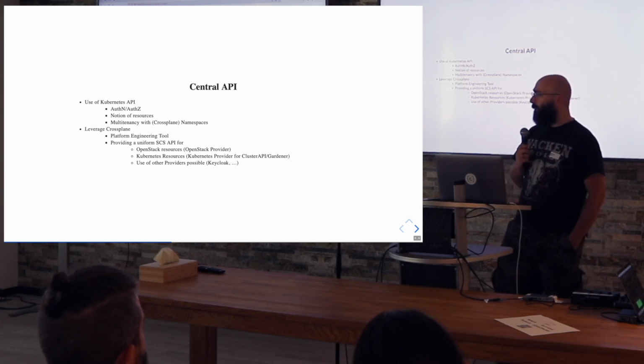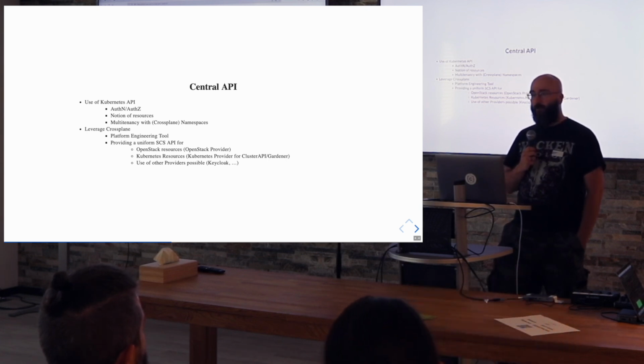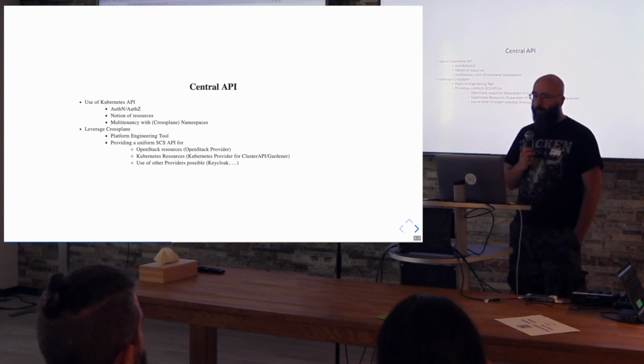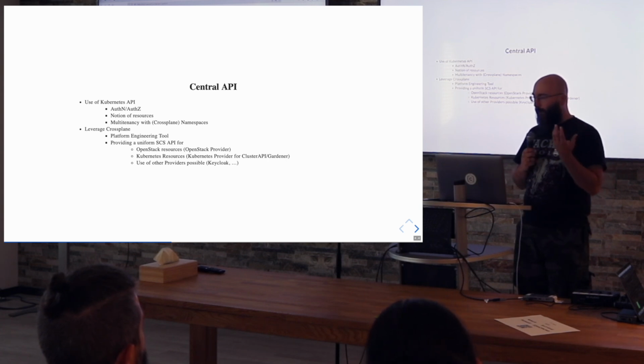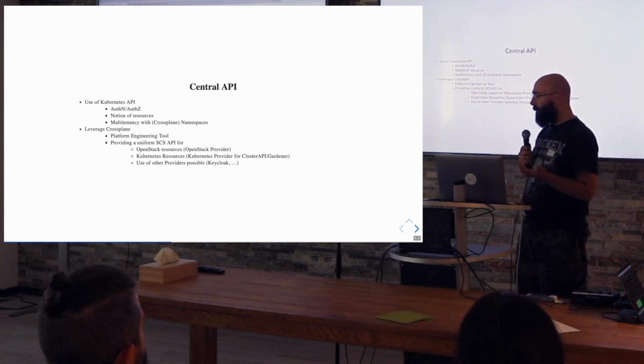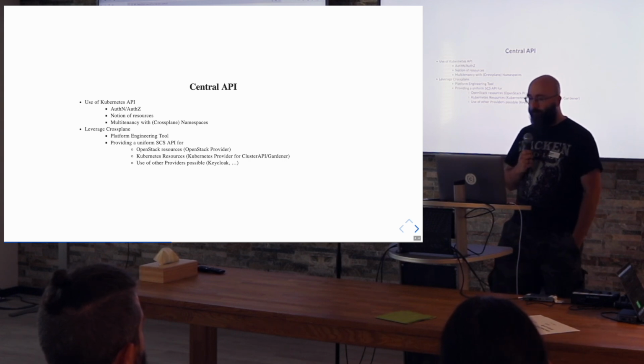And to build this central API, as I already said, we leverage Crossplane, which is originally a tool for platform engineering. We use it to provide a uniform SCS API so we can describe OpenStack resources natively as Kubernetes resources, and also Kubernetes resources, obviously, to manage Cluster API or even Gardener clusters.